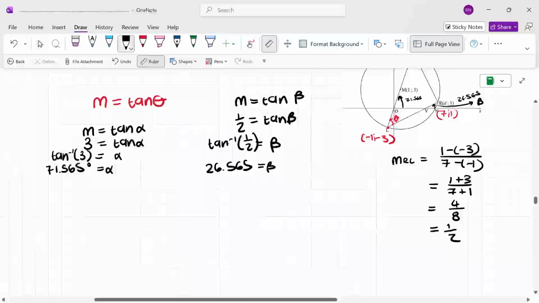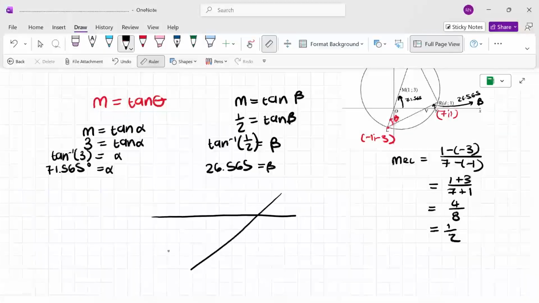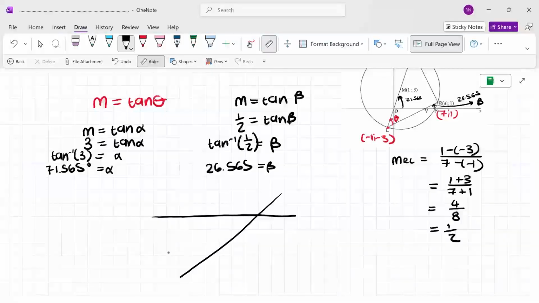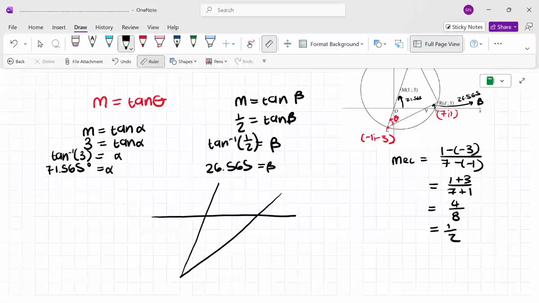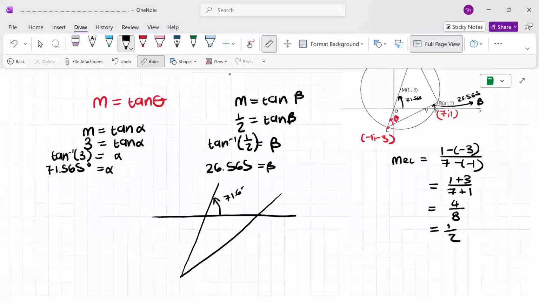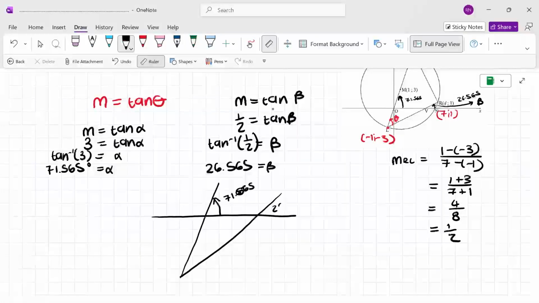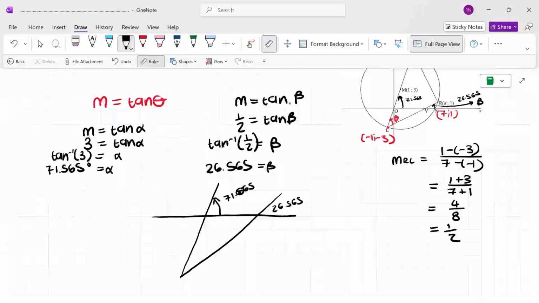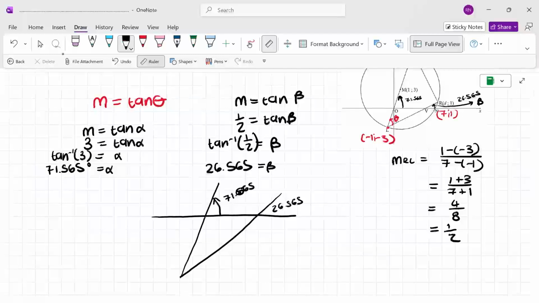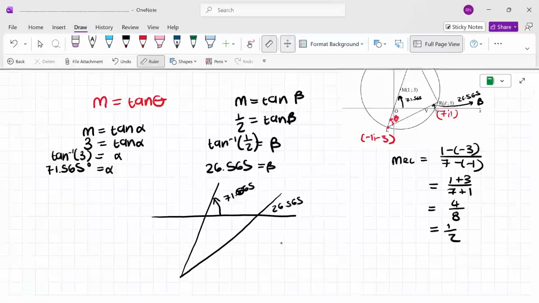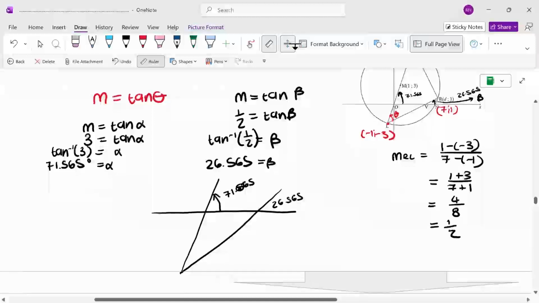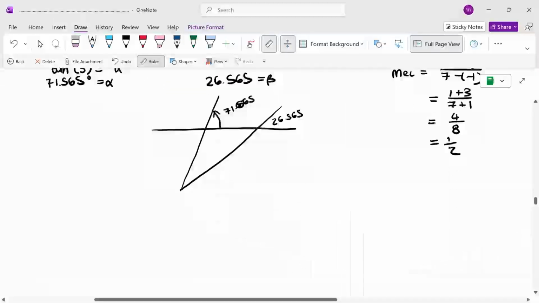So this is my x-axis, I have an angle here, and I have an angle going like this. I have just found that this angle over here is 71.565, and this angle over here is 26.565. There are two methods to do this. You can use either exterior angles of a triangle, or you can use a straight line.